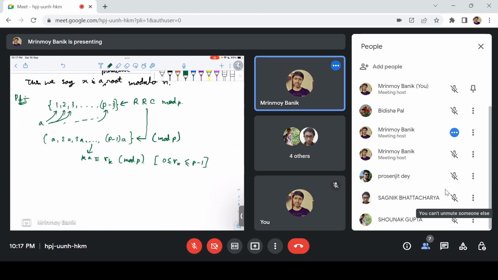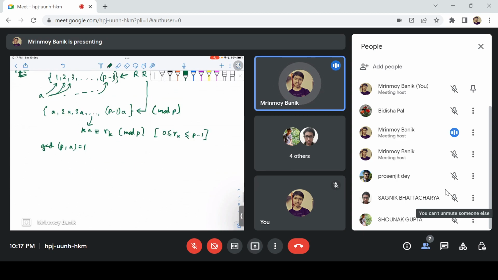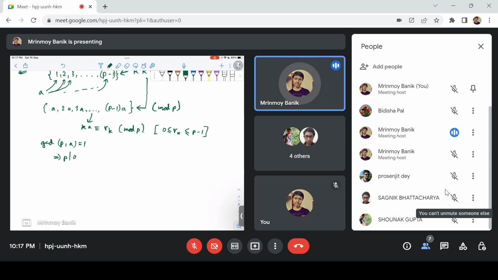Okay, now we have p and a with GCD 1, since we have assumed a and p to be relatively prime. So that implies p doesn't divide a. So if Rk is equal to 0 mod p, that implies k is divisible by p. And that would force k to be divisible by p, since a is not divisible by p, right?